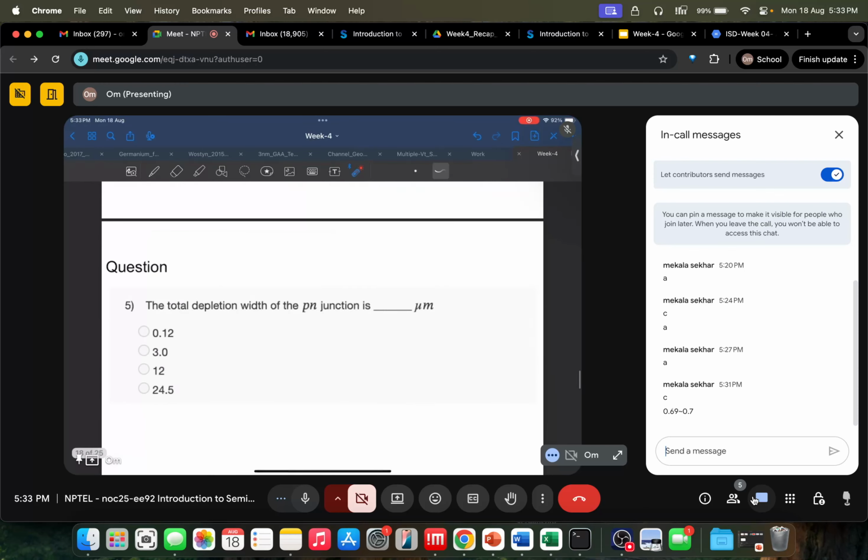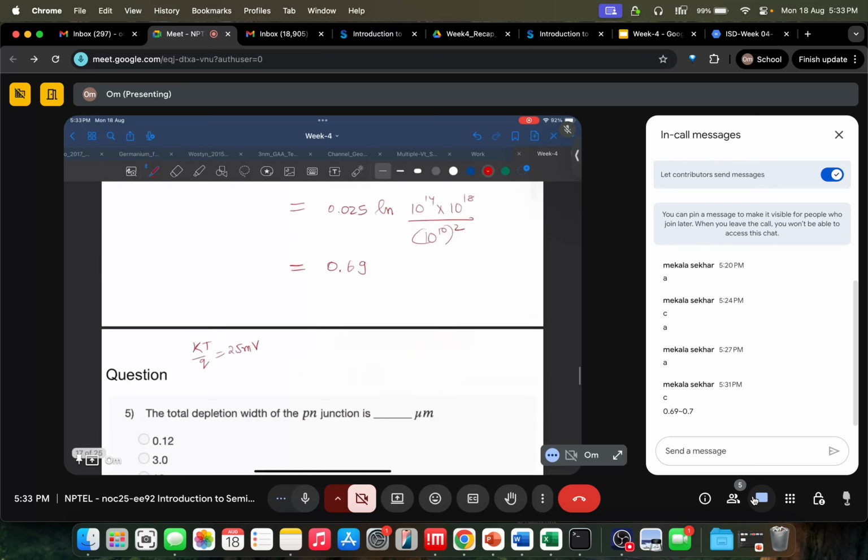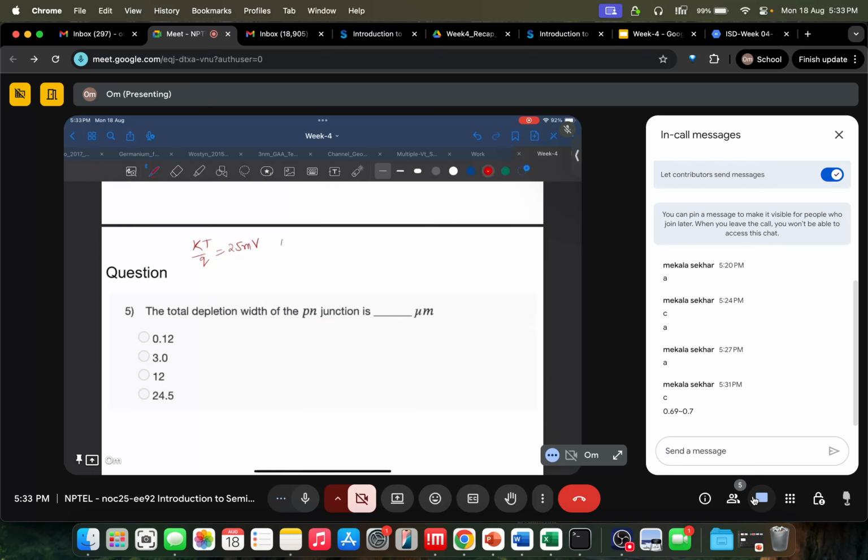I will write these values again here. kT by q is 25 millivolt, T is 300 Kelvin, epsilon Si is 11.9, epsilon naught is 8.854 into 10 to the power minus 13 farad per centimeter.